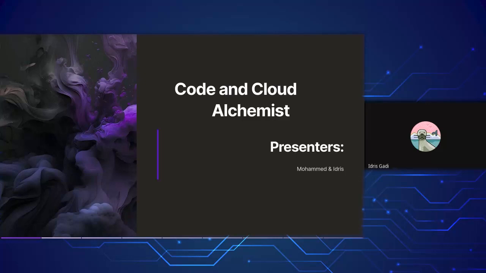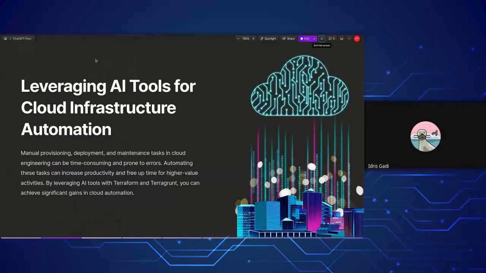So how can we harness AI for cloud provisioning? Cloud engineering basically involves a couple of tasks such as setting up and maintaining infrastructure. Doing these tasks manually is time consuming and can lead to errors. However, automating these tasks can save time and allow us to concentrate on more important work.